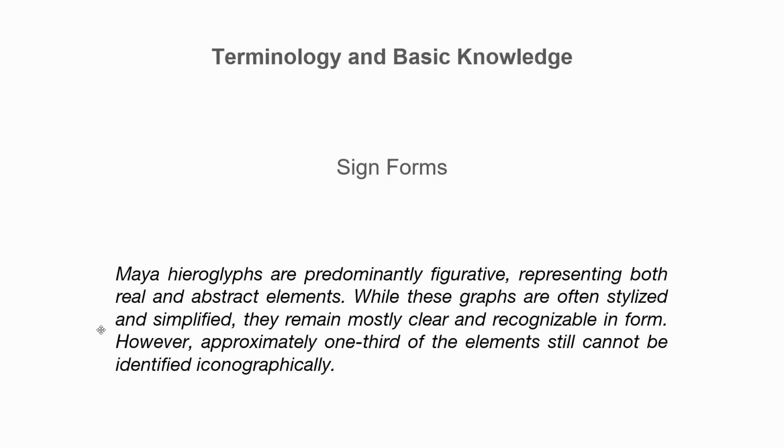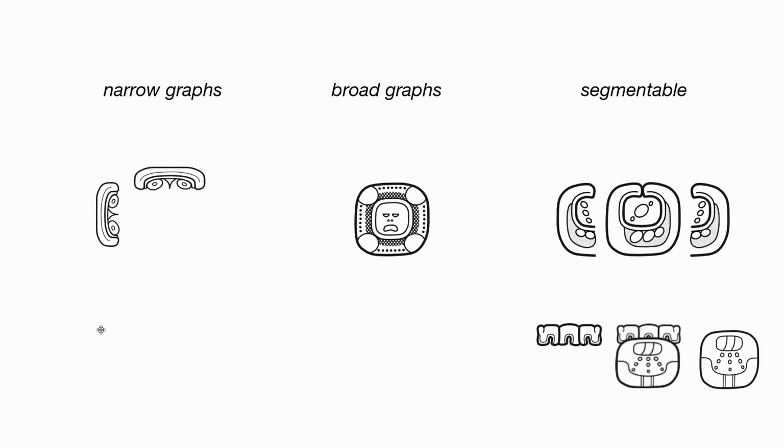Sign forms. Now we go to the sign forms. You have seen that, especially with that small element with the bat head, which is part of the carving, the expression can be very different. In the hieroglyphic writing system, you can differentiate between narrow signs that are always narrow and broad signs that are also always broad, like a quadratic view.